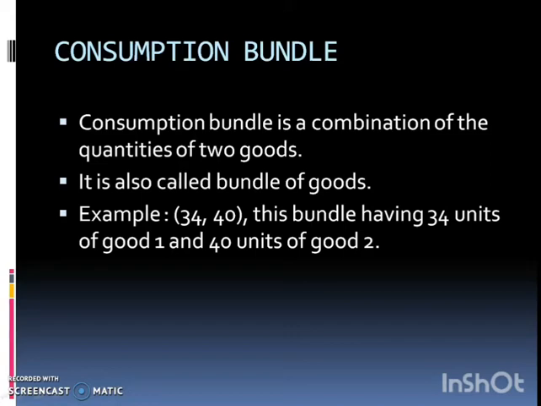It is also called a bundle of goods. For example, 34, 40 denotes a bundle having 34 units of good 1 and 40 units of good 2. This is a consumption bundle.